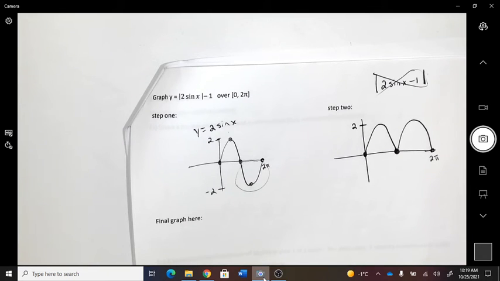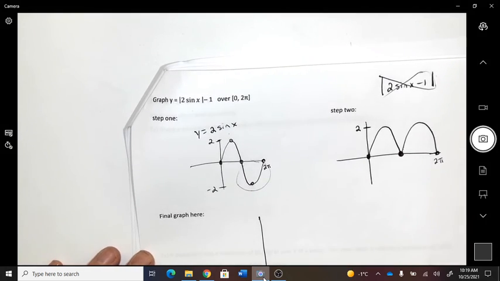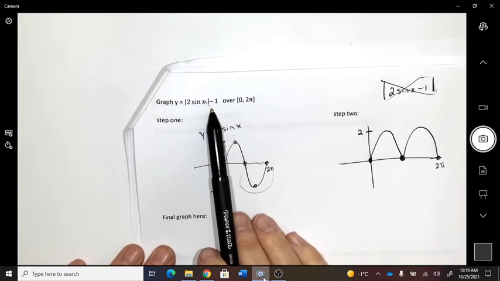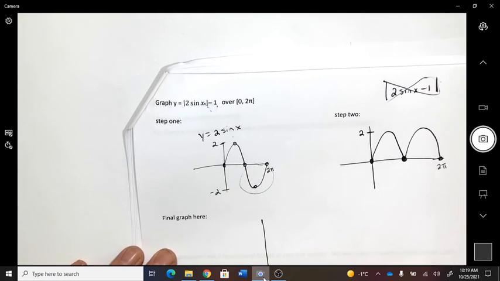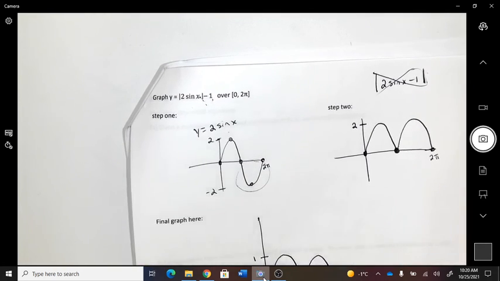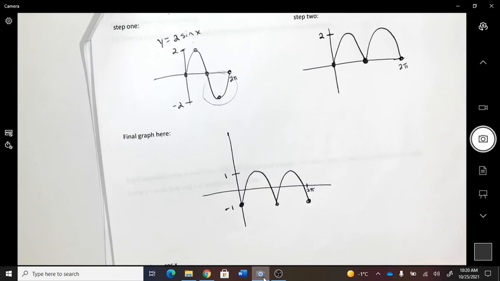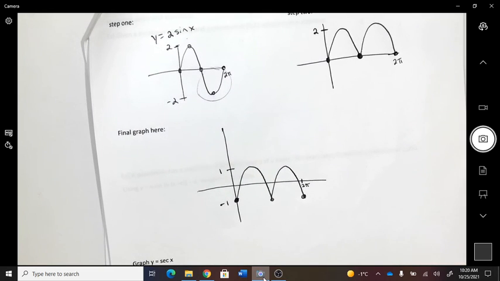Leave the positive stuff, leave the 0 stuff. Okay, and then our final graph. We need to now shift it down 1. Okay, so you can see how order of operations is so important when you're graphing transformations.